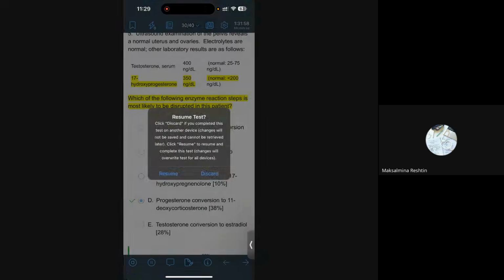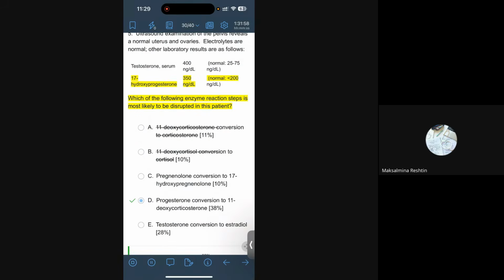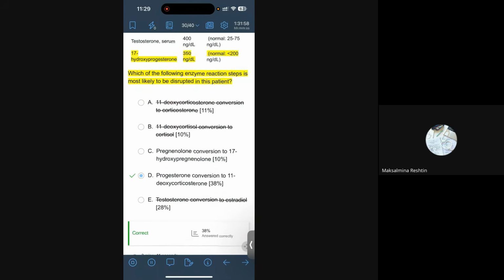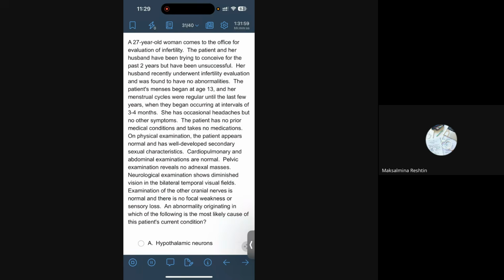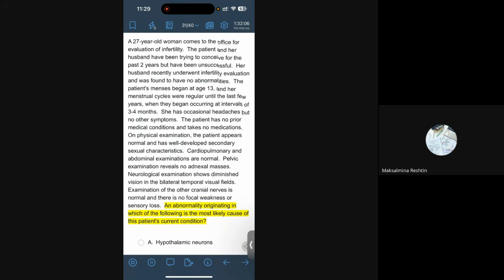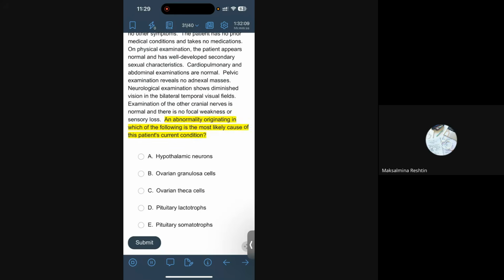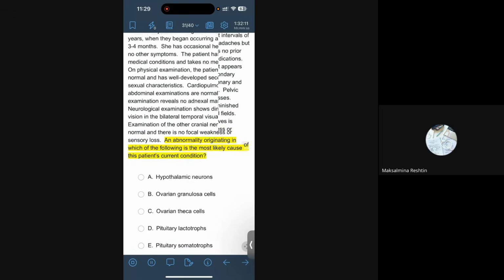So in the upper two, 11-beta-hydroxylase is involved, and in option E, aromatase is involved. An abnormality originating in which of the following is the most likely cause of this patient's condition? See the options.